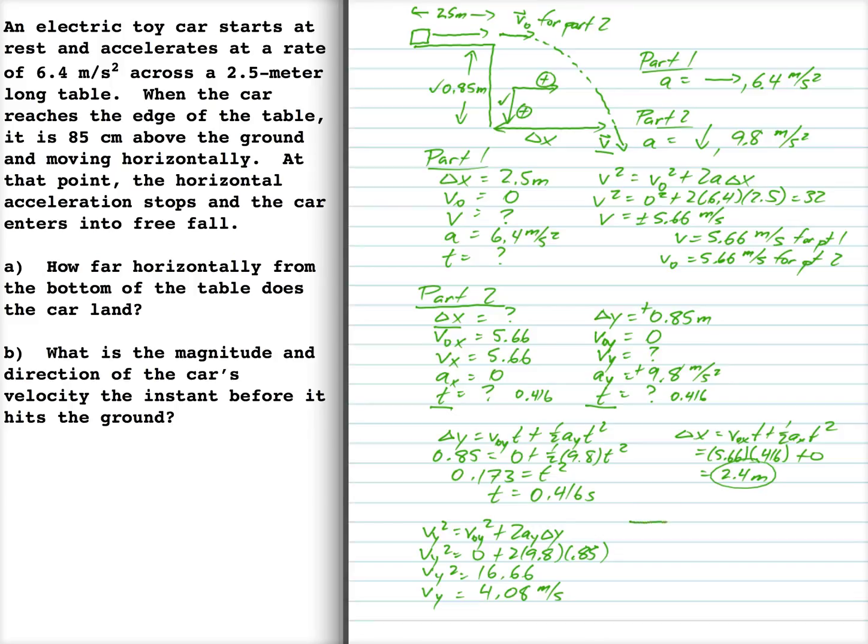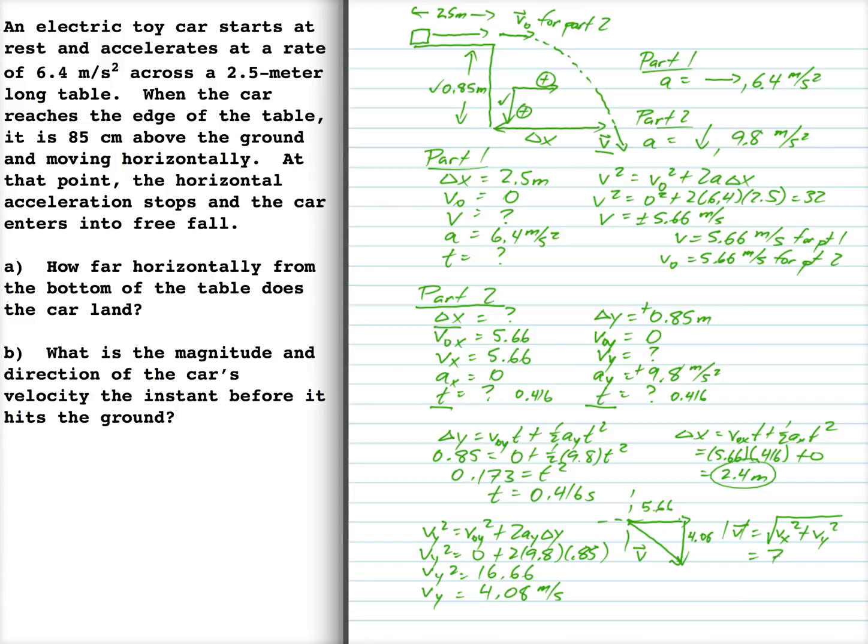Now it's just a matter of reconstructing the resultant. If I draw myself a little coordinate system, I have an x component that is 5.66, a y component that is 4.08, and a final velocity vector v like that. Therefore, the magnitude of the final velocity is found with the Pythagorean theorem.